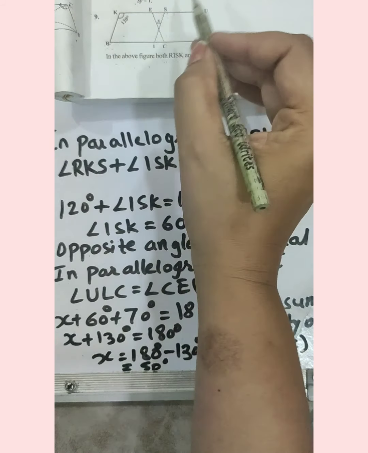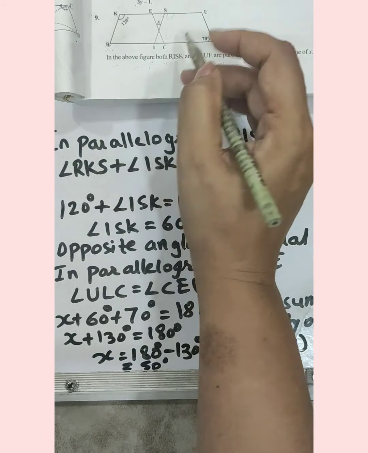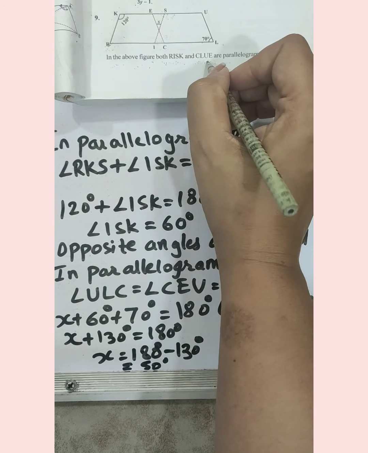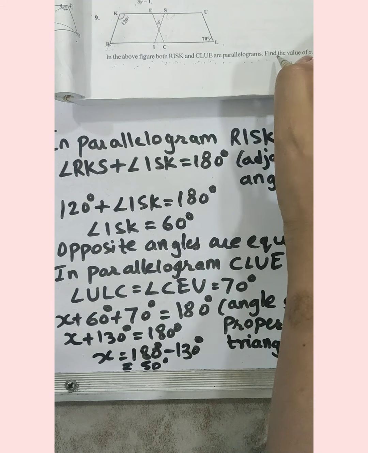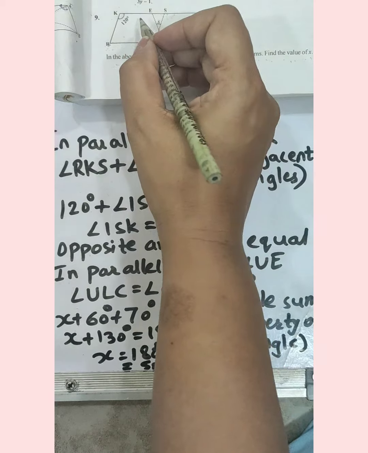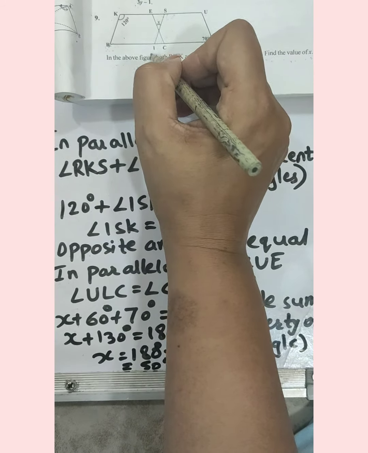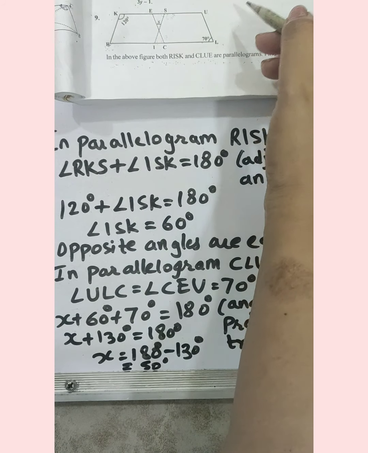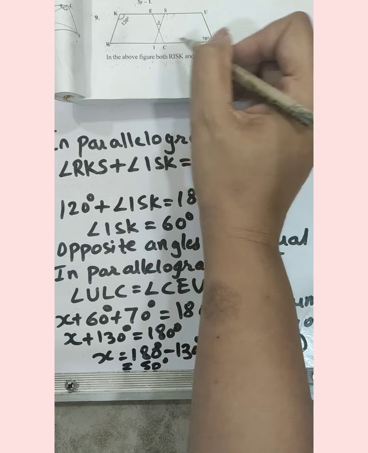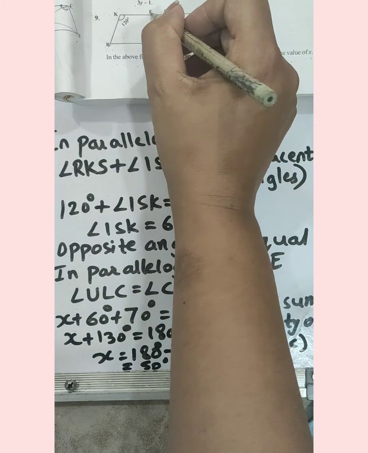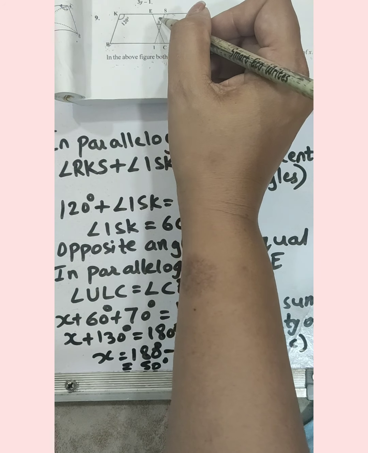Question number 9. In the above figure, both RISK and CLUE are parallelograms. Find the value of x. Now in this figure you can see two parallelograms. First is named RISK and the other parallelogram is CLUE, and you have to find the value of x.